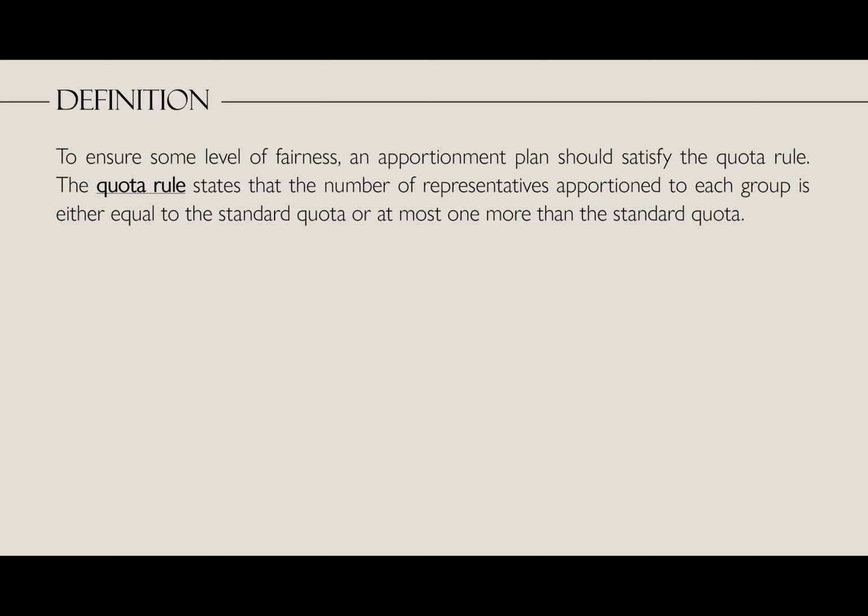An apportionment plan should satisfy what we call the quota rule, which says the number of representatives apportioned to each group, or in our case state, is either equal to my standard quota or at most one more than the standard quota. And we saw this earlier. Yes, I did add a seat, but it was only at most one more than what we initially calculated. So this is our quota rule.